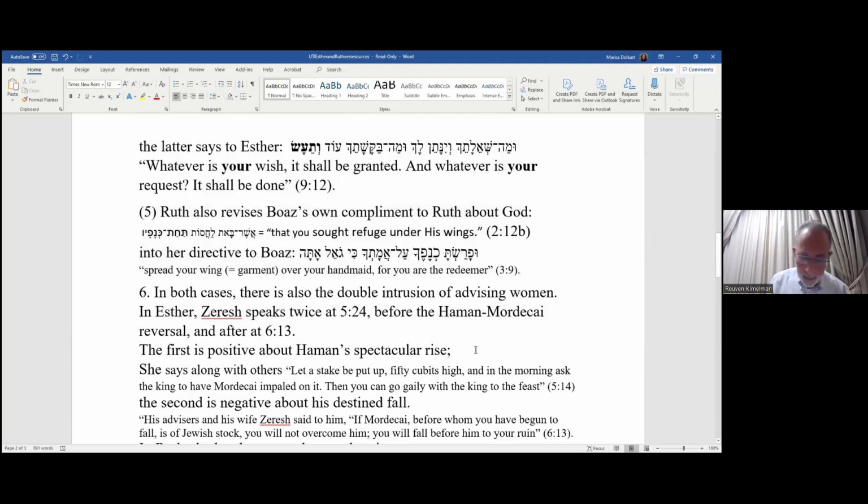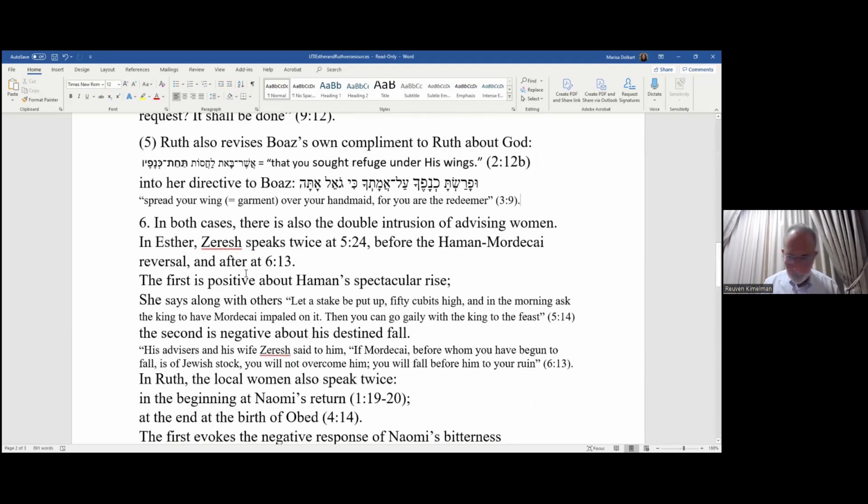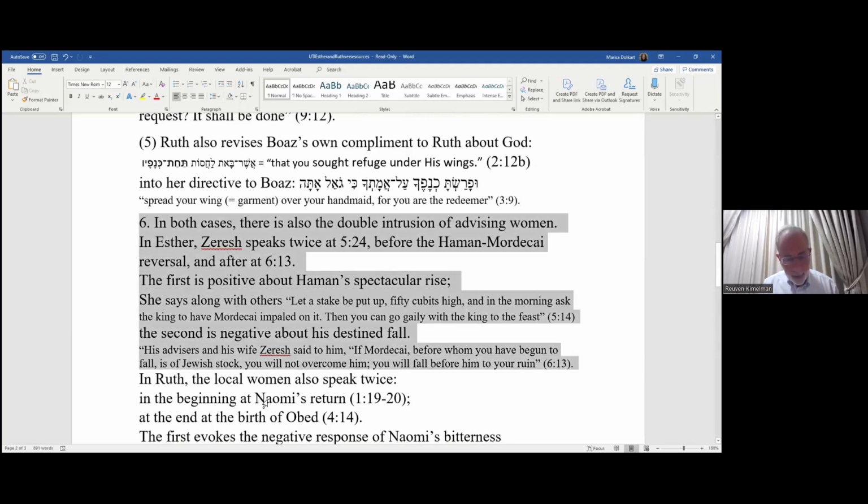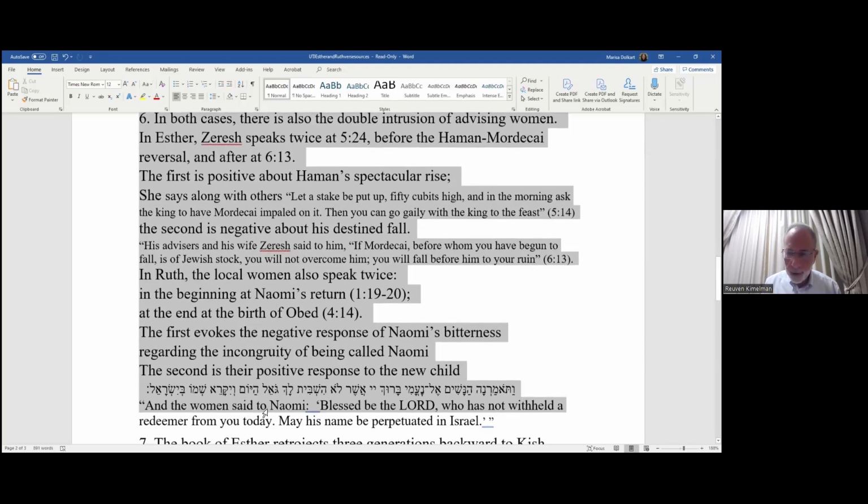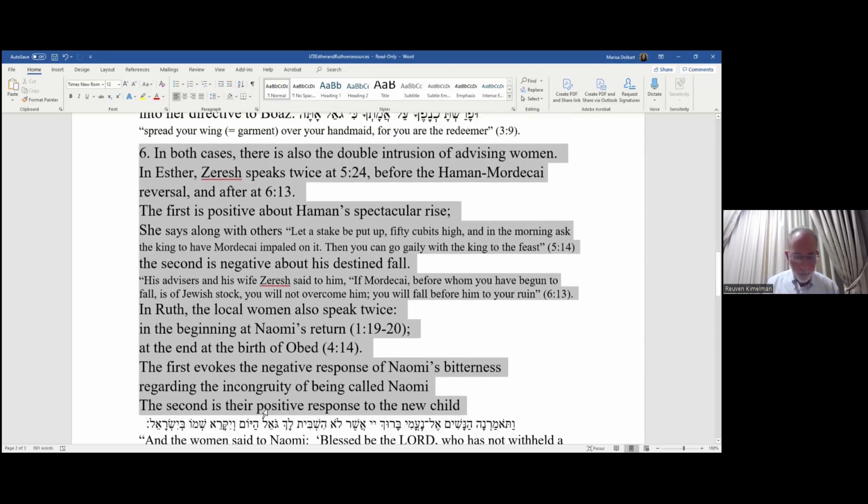In both cases, the heroines, Esther and Ruth, turn the tables on the supposed male, Boaz and Achashverosh, and bring about the denouement, or climactic resolution. Now let's look at number 6. Amazing, the comparison here. In both cases, there's also the double intrusion of advising women.